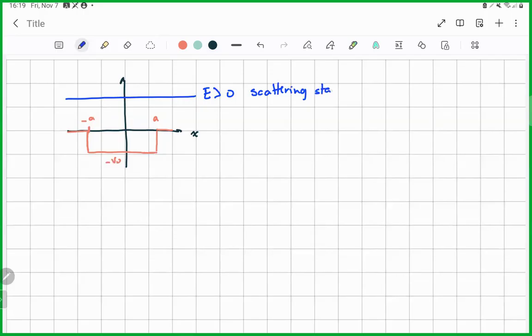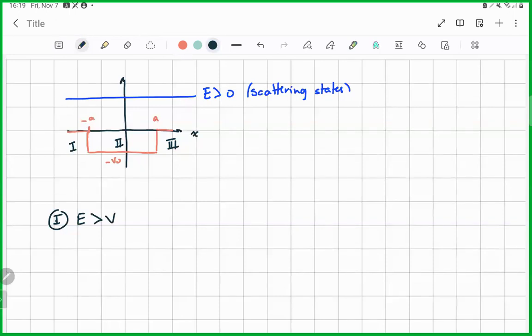Okay, so before going to the math of this problem, let's think a little bit about it. Let's try to examine this problem. Again, we are going to separate the problem in three regions, region 1, 2, and 3. And let's look at each one of these regions. In region 1, the energy is larger than the potential.